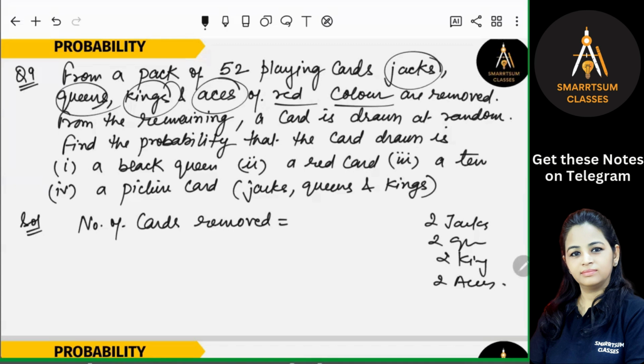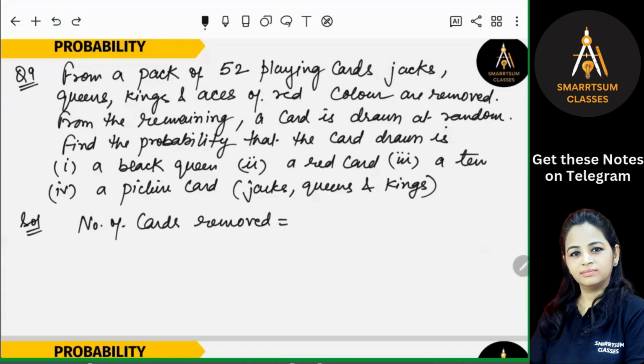So there are two jacks of red color, diamond and heart. Both are red in color, right? Similarly, one diamond queen and one heart queen, both are red in color. So in this way, the total number of cards which have been removed is the total of all these, right? Yes or no? So that means 2 plus 2 plus 2 plus 2. That is 8.